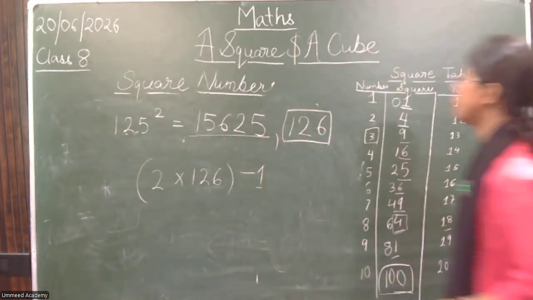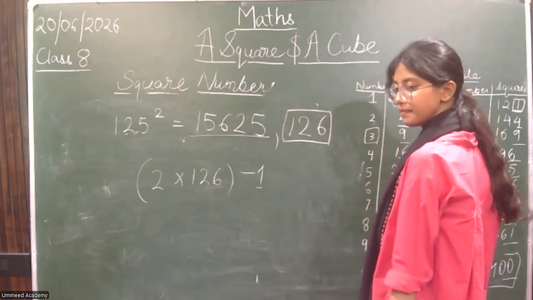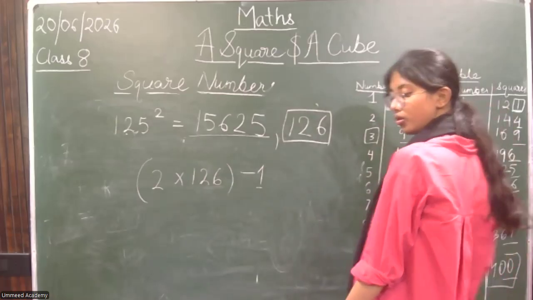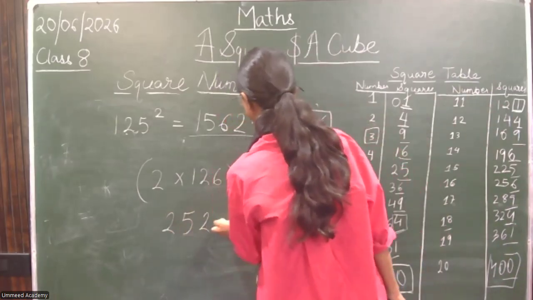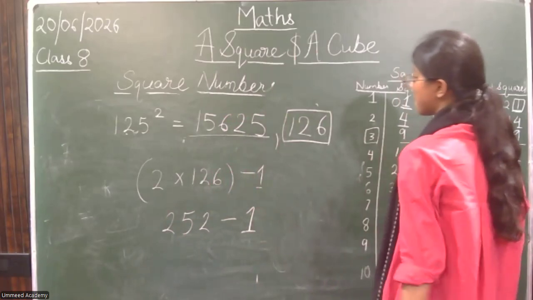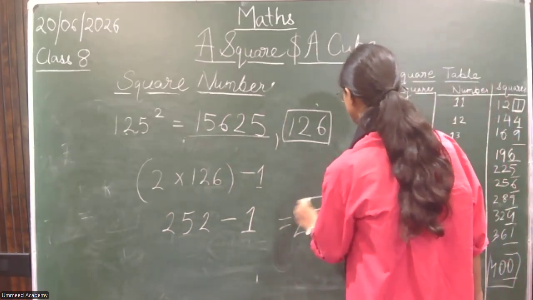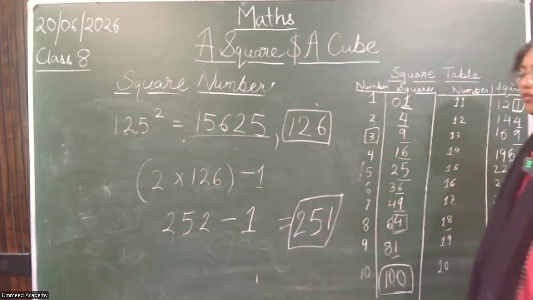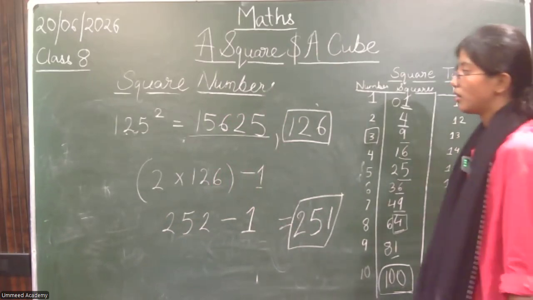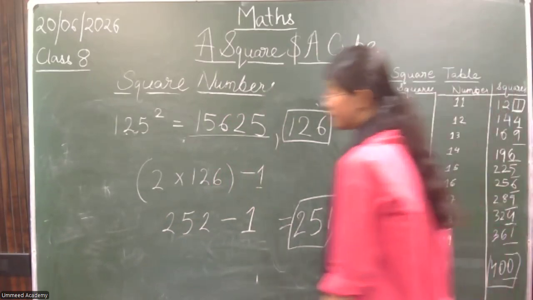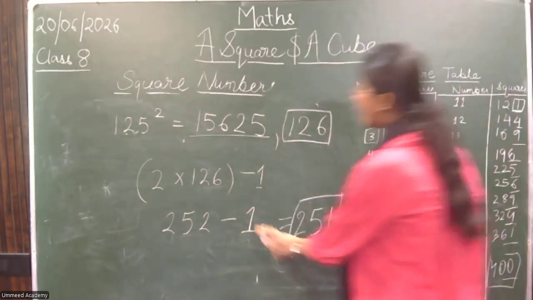Yes, ma'am. 2 into 126 is 252, and 252 minus 1 is 251. We are getting 251. Is this the square of 126? No, ma'am. We have to add it, plus, yes, we have to add this in the square of 125.